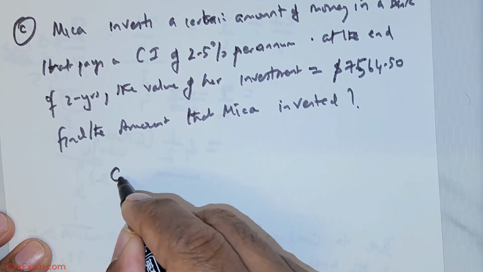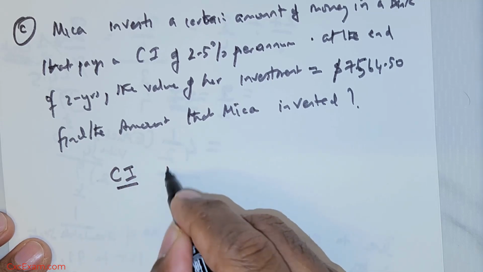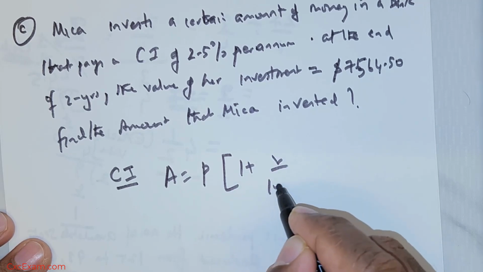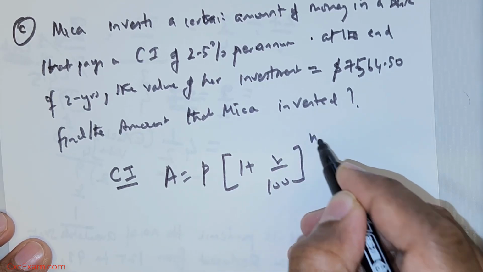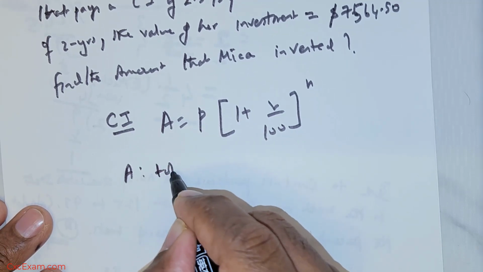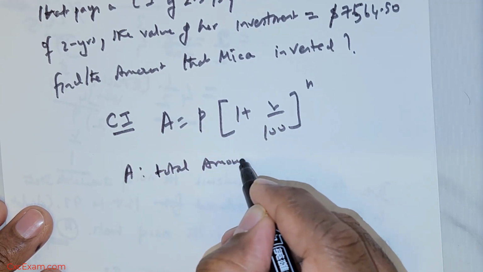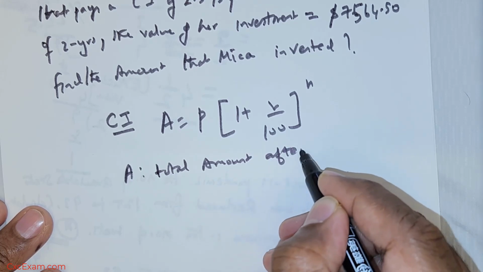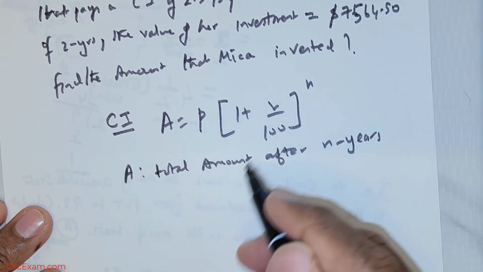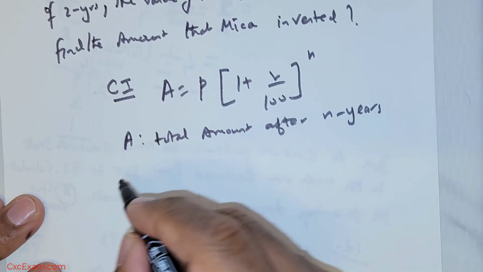Okay, so let me give you the formula for compound interest. The amount is equal to principal times 1 plus r over 100 raised to the power of n, where A is the total amount after n number of years. So you place an amount in the bank and then it multiplies.